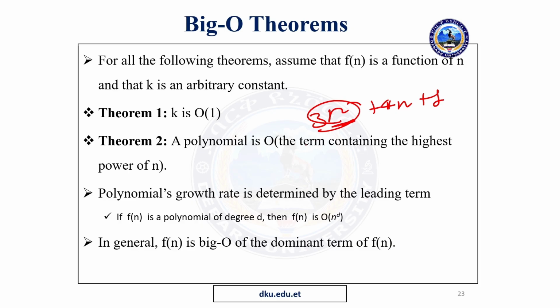Polynomial growth rate is determined by the leading term. If f of n is a polynomial of degree d, then f of n is big O of n to the power of d. In general, f of n is big O of the dominant term of f of n.